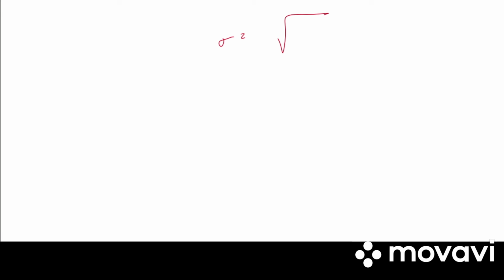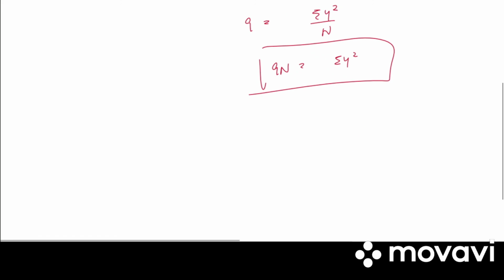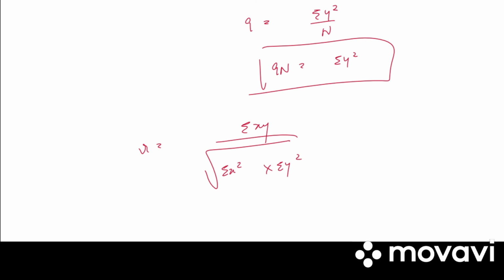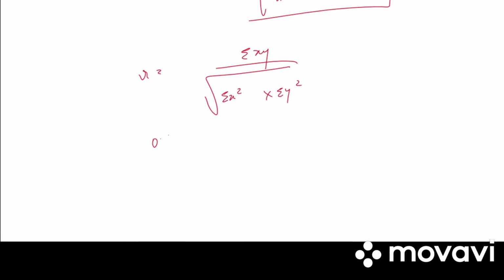So standard deviation is square root of summation y square by n. We know standard deviation is 3, square root of summation y square by n. Squaring both the sides we get 9 is equal to summation y square by n. So 9n is equal to summation y square. Next, we know the formula of r, summation xy divided by square root of summation x square into summation y square.